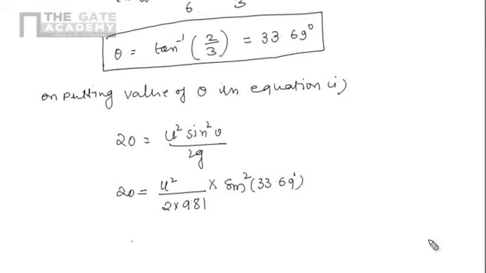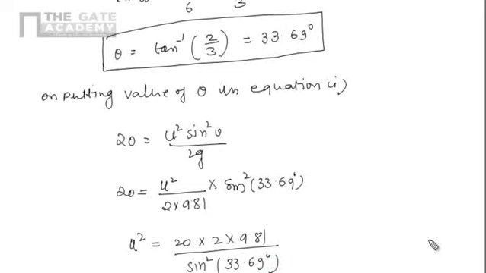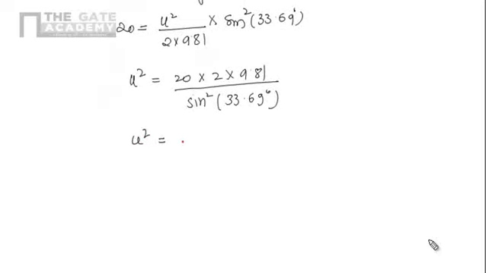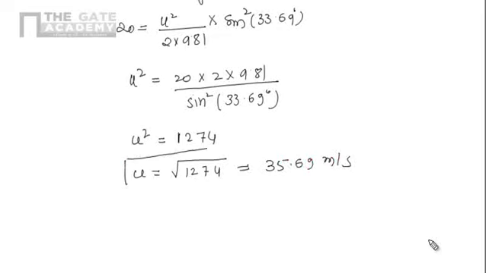And if we solve this, we get u square equals 20 into 2 into 9.81 divided by sine square of 33.69 degree. So we will get u square equals 1274. So u will be square root of 1274. This value will come 35.69 meter per second.